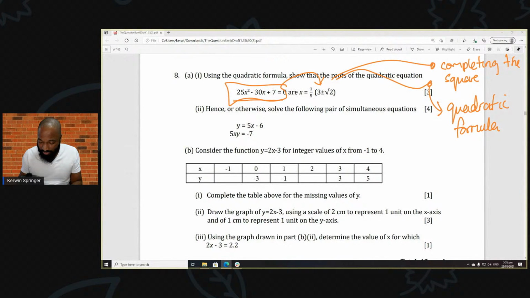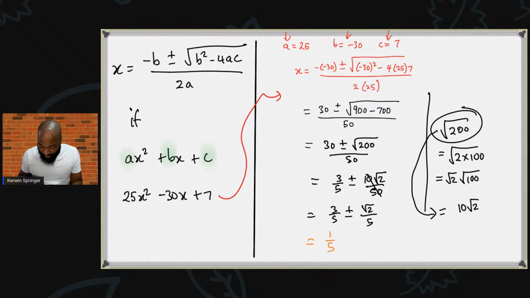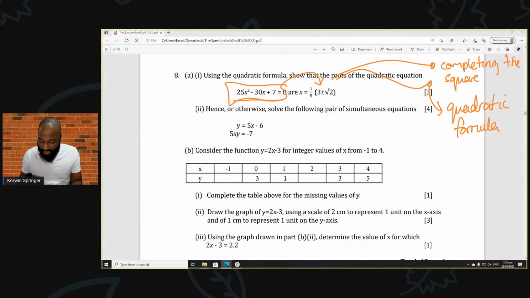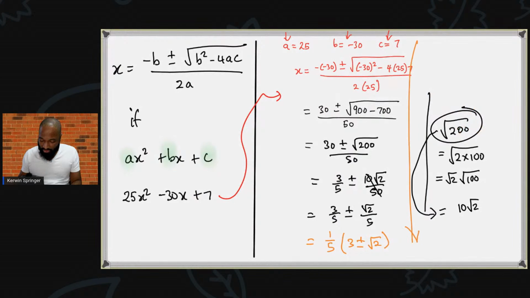The question is saying to prove that. So I could squeeze out the 1/5 here and see that this should just give me 3 plus or minus the square root of 2, and I'll collect my 3 marks. So this was the fastest way to do this, and you should be able to run through this rapidly. From the time you reach here, you can just plug that in your calculator and see that you're getting that. You could even bluff your way through, right?